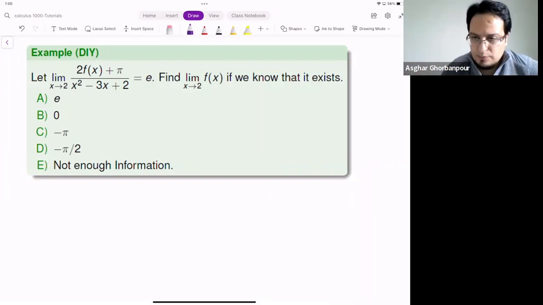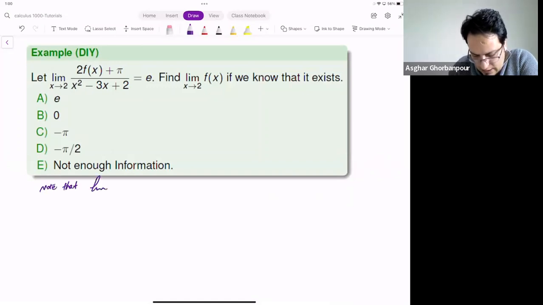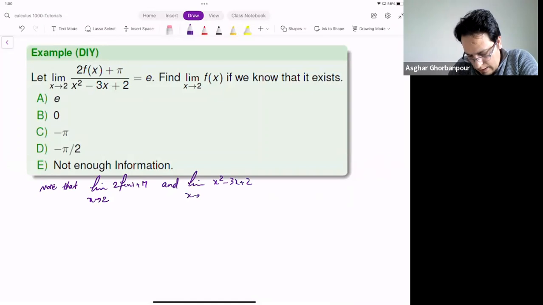Okay, let us see what we would do if this problem is given. The first thing, note that the limit of the numerator and the limit of the denominator exist. Both of them exist, so we are good. The limit of the numerator exists because the assumption is given there.